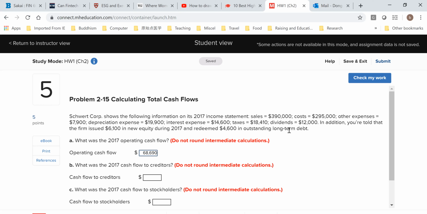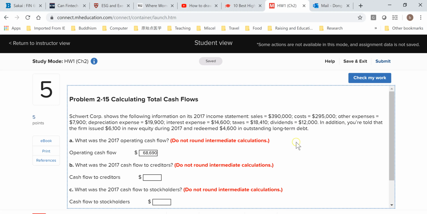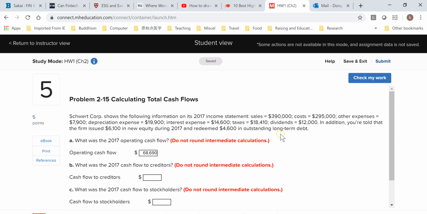So we want to match the interest, the creditors who receive the interest payment, with the amount of debt, which is the long-term debt, which belongs to them.